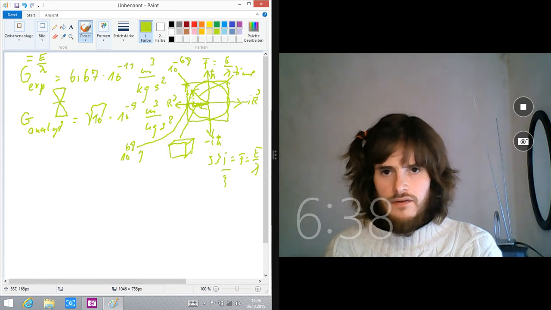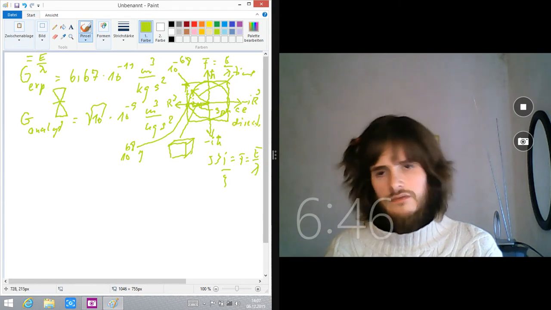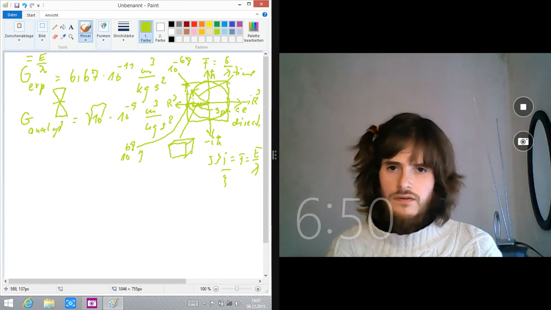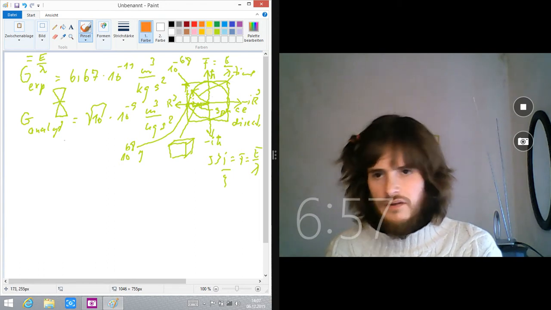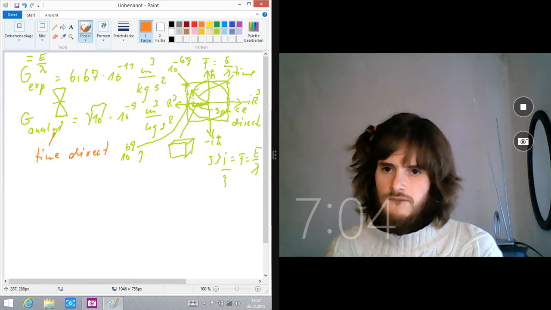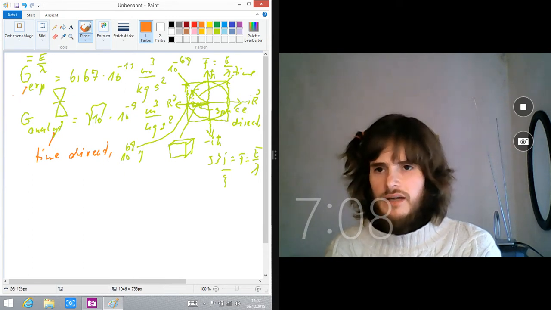This is space direction. And here the analytical values are in time direction, and the analytical values are partly in space and partly in time direction. I call it space direction.